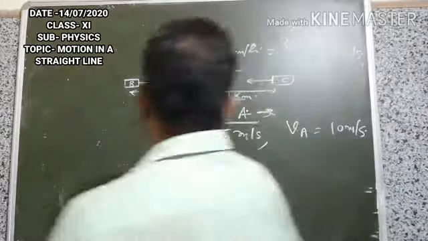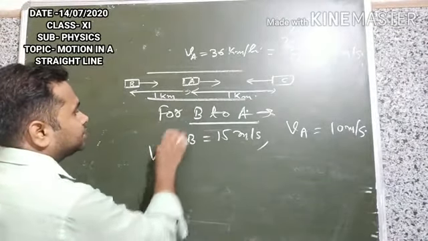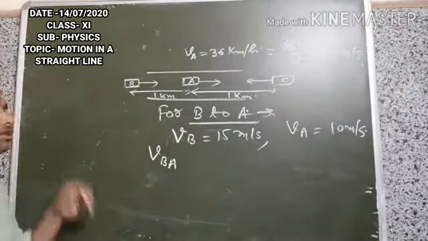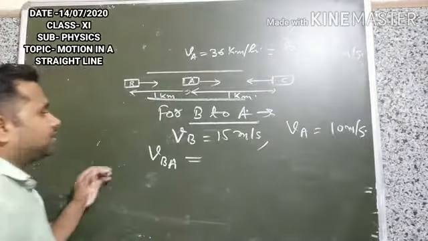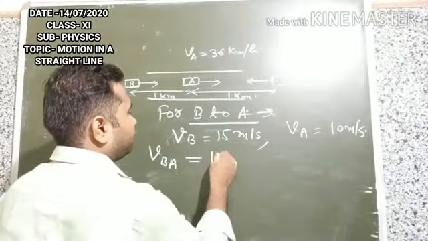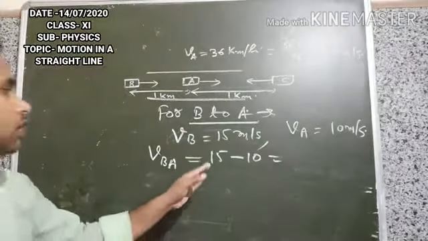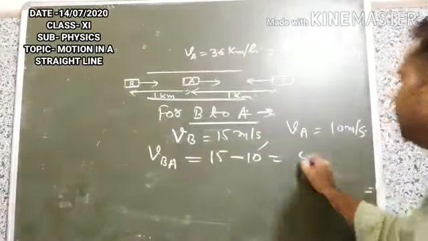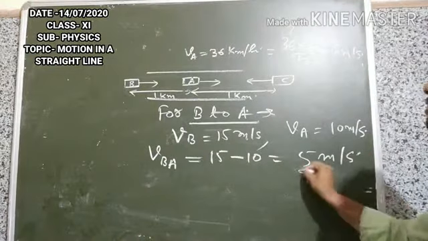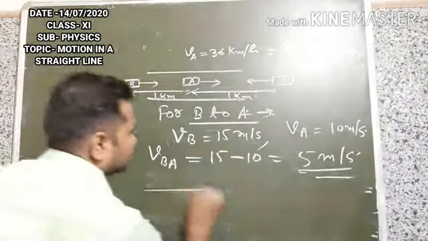Now let's calculate VBA, which means the relative velocity of B with respect to A. It is VB minus VA, so 15 minus 10 equals 5 meter per second.